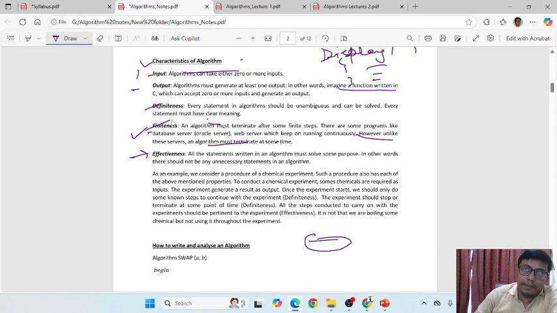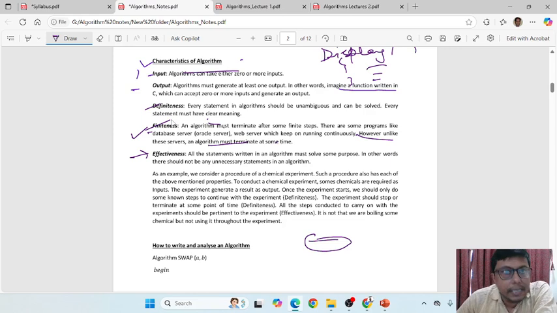All the algorithmic steps which we write should be written with a certain purpose. That means the algorithmic step should be effective.